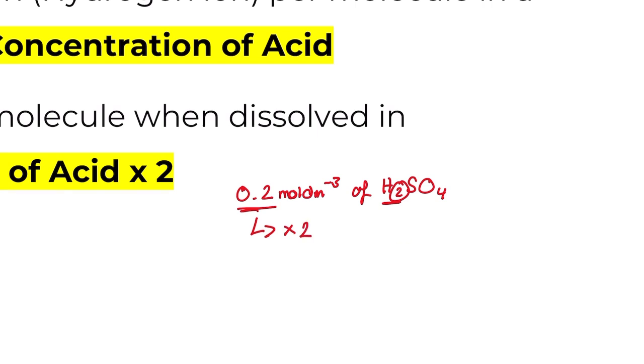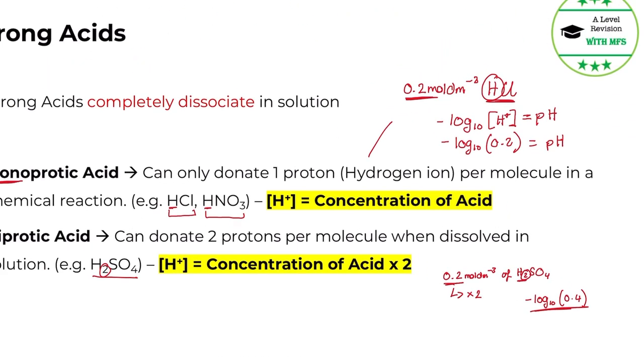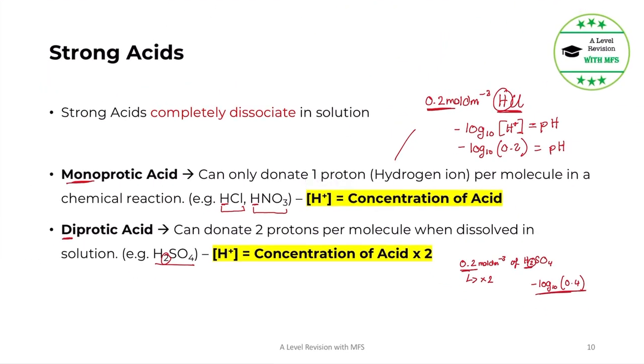Okay, so we would type into our formula minus log base 10, 0.4. Okay, and then the answer that this gives us will be the pH. But again, we will be looking at some examples with monoprotic and diprotic acids. Just for now, in terms of calculations, the hydrogen ion concentration for a diprotic acid, you will need to multiply by 2, whereas for a monoprotic acid, it will just stay the same.